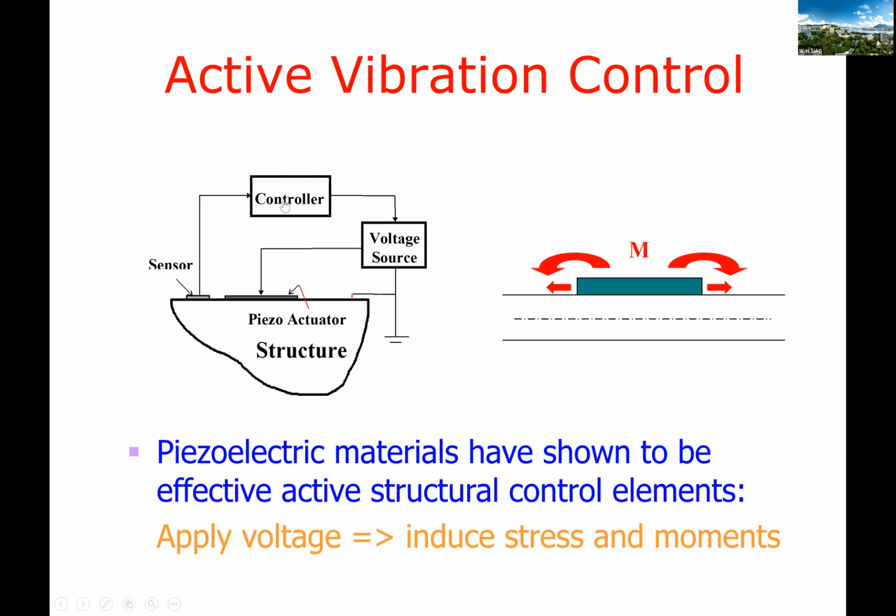I mean the structure response, and then with that the controller will decide how to apply the voltage to the piezoelectric actuator. So here you can see the closed loop feedback has been formed. Now we just highlight this part, right? For the piezoelectric element, if you try to extend it, for example, when the bin is vibrating upward, and we do have this kind of scenario, the applied voltage will induce a stress.